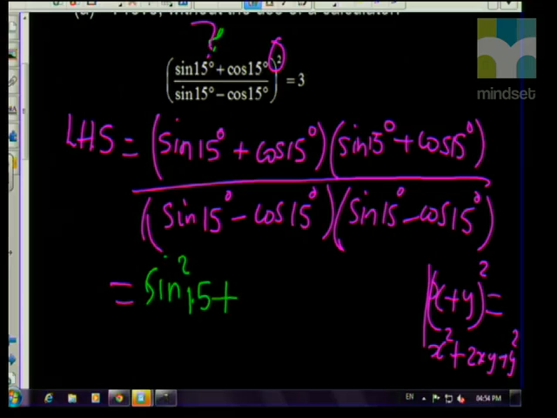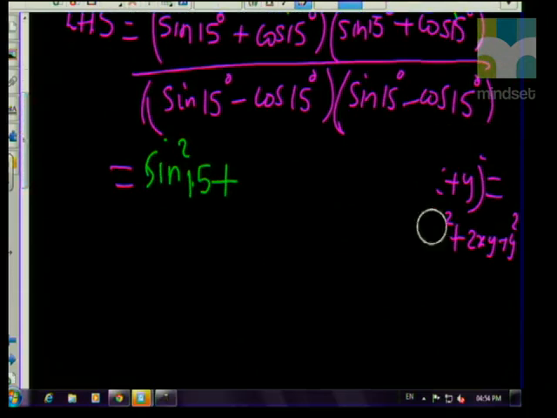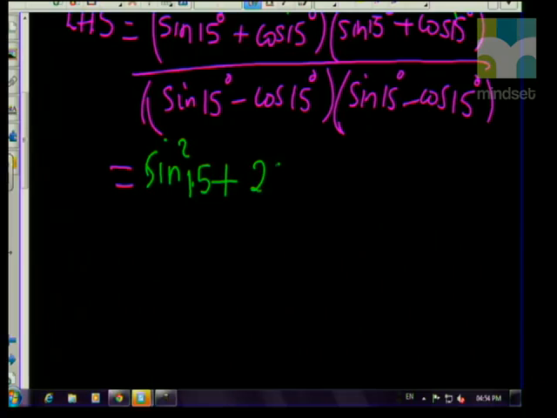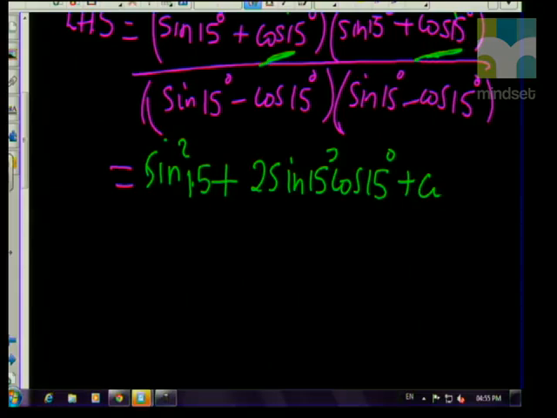Now, plus, remember, I have the sine 15 times cos 15 plus the sine 15 times cos 15, which gives us 2 sine 15 cos 15. Now, plus our last term, we have the cos 15 times the cos 15, that gives us cos squared 15.